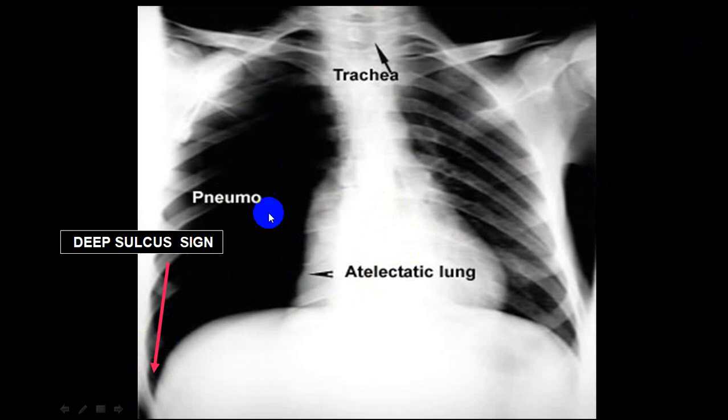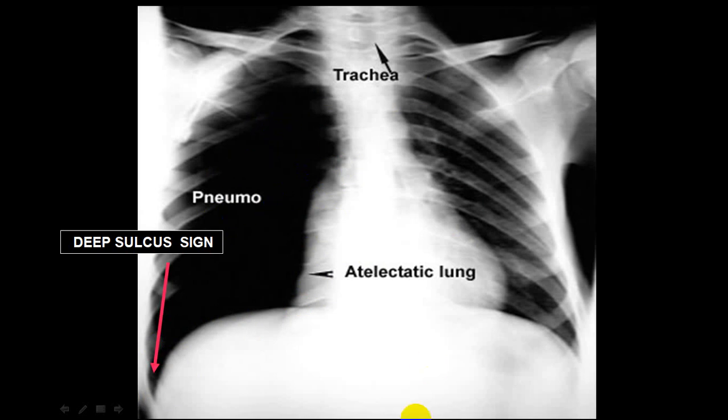So whenever there is a pneumothorax, diaphragm will be pushed down, deep sulcus sign, collapse of the lung, trachea to the opposite side, mediastinum to the opposite side, and diaphragm margin will be clearly seen. Clearly seen. And there will be the margin of the collapsed lung. This is margin of the collapsed lung. Here, the negative pressure produced by the collapsed lung is less than the positive pressure created by a pneumothorax.